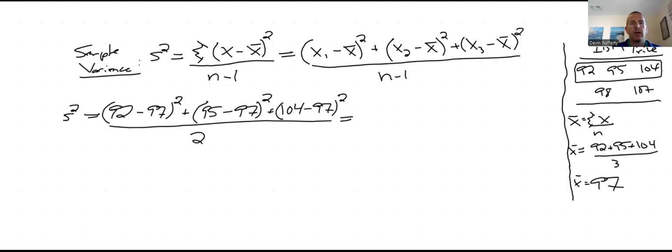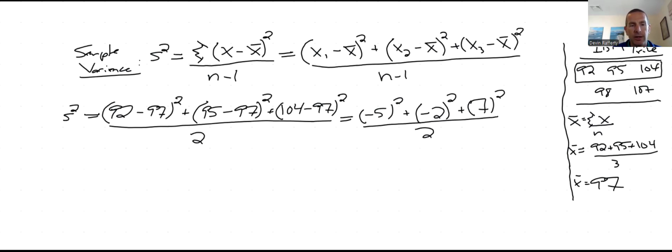So what do we do next? We do the parentheses. 92 minus 97, that's negative 5 squared, plus 95 minus 97, that's negative 2 squared, plus 104 minus 97, that is 7 squared, divided by 2. Okay.